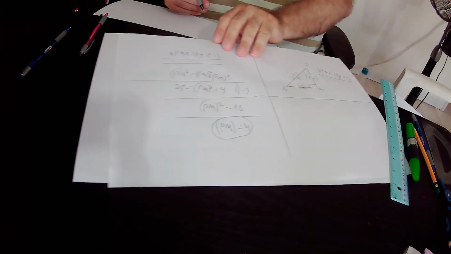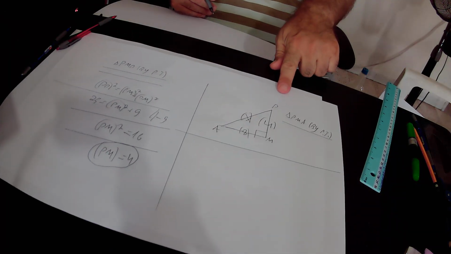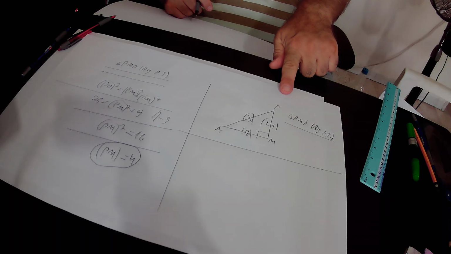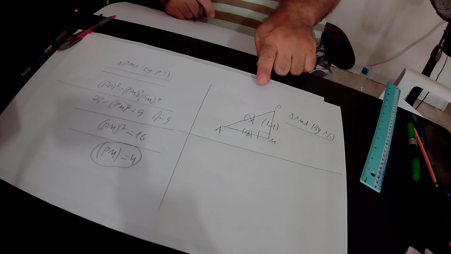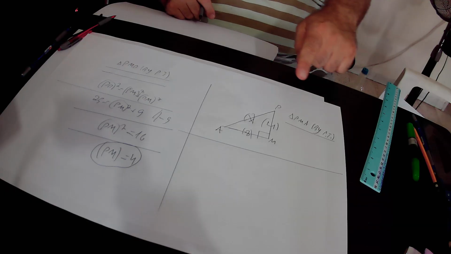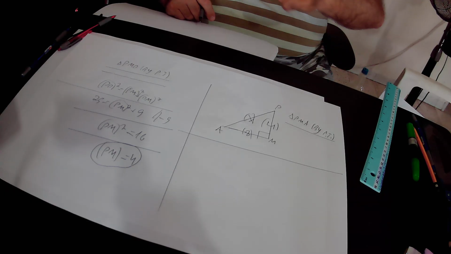This is the right triangle PMA that I copied from the original drawing. AP equals x, that is the line segment that we are looking for in this question. The hypotenuse AP equals x units, PM is 4, and AM is 8.